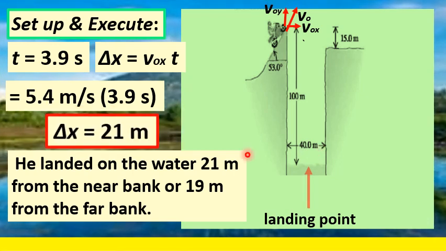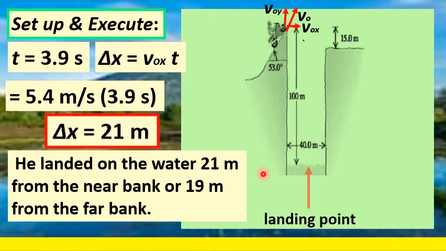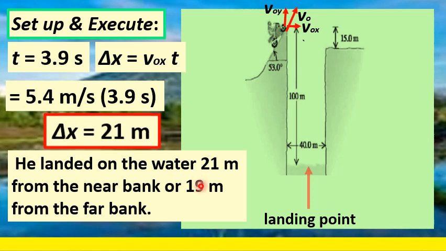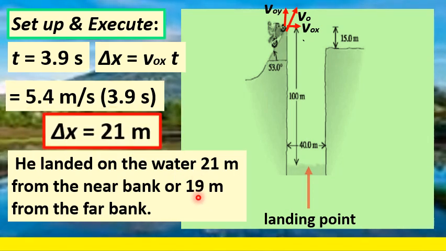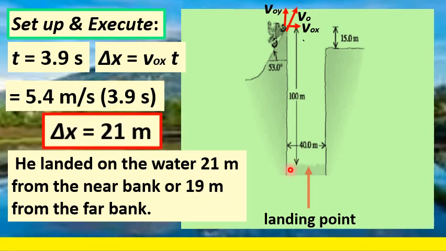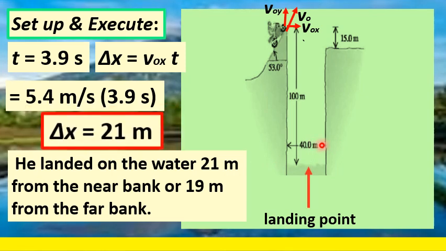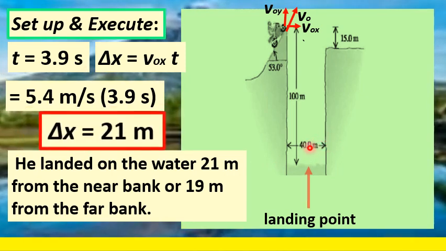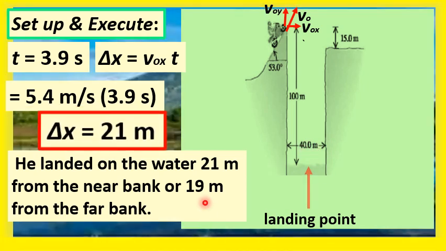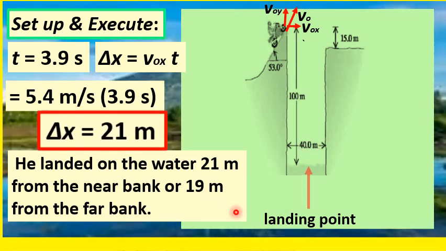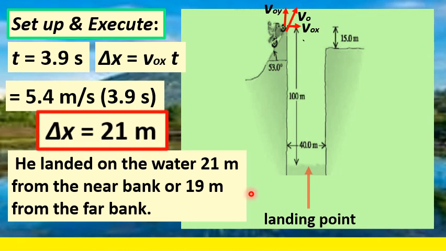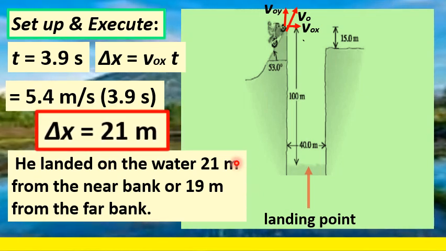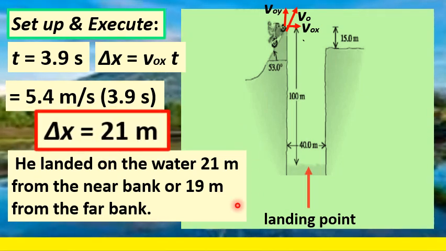So 40.0 meters minus 21 meters, we also get 19 meters if what we want is relative to the far bank. The landing point would be 19 meters. So that's it. We are done.